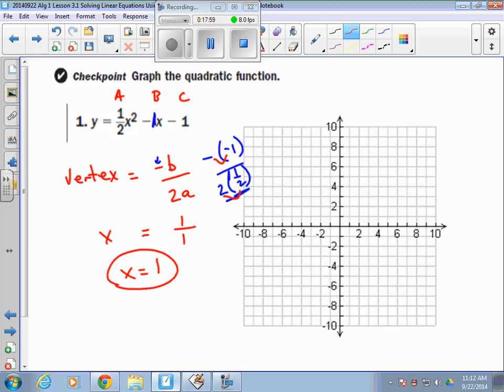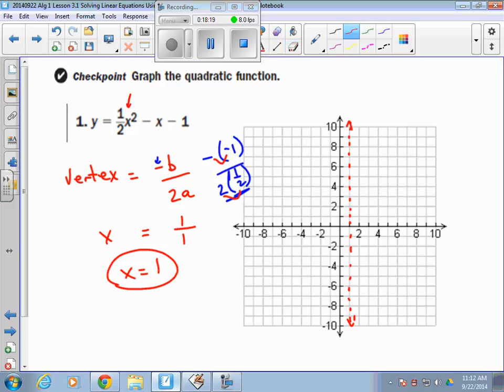So right away you can put your line of symmetry at 1, because the x value is going to be 1. Now we have to determine how high or how low the y value is going to be. In order to do that, you plug 1 into all of these x values.